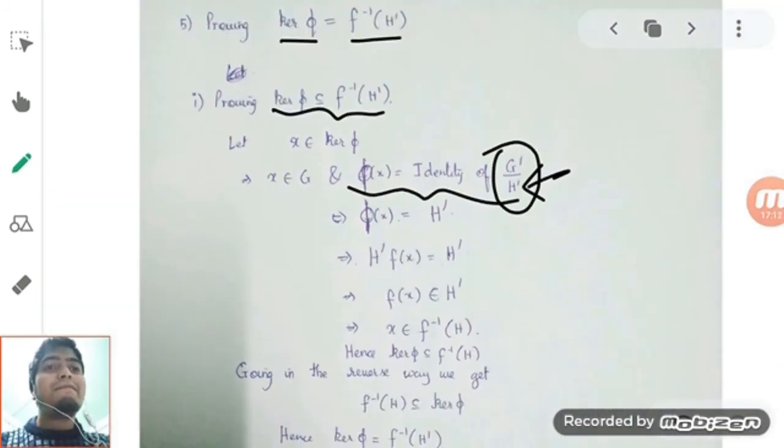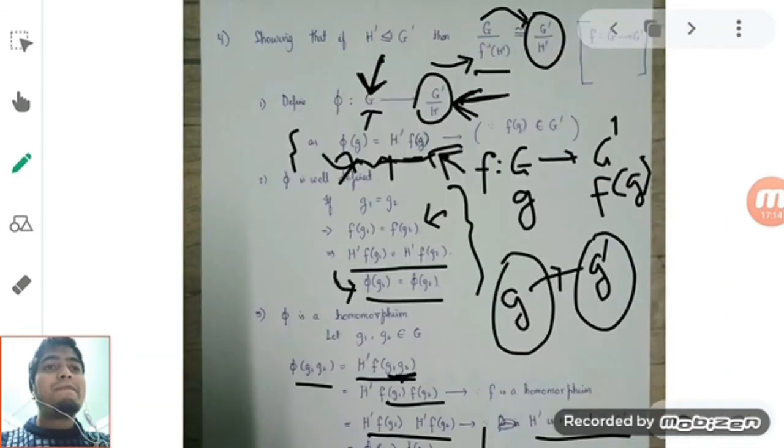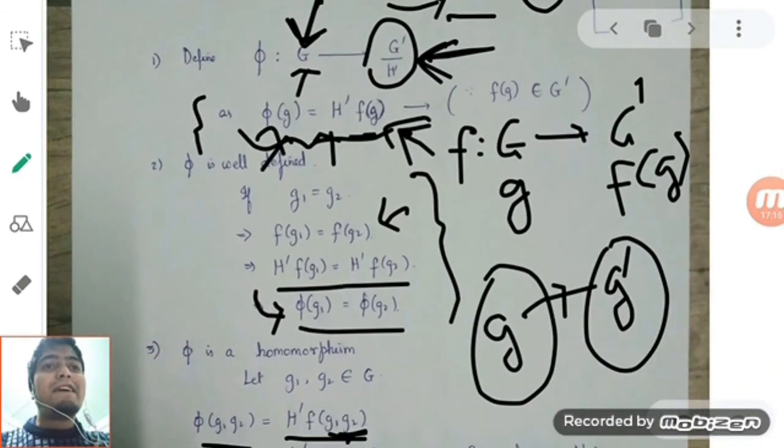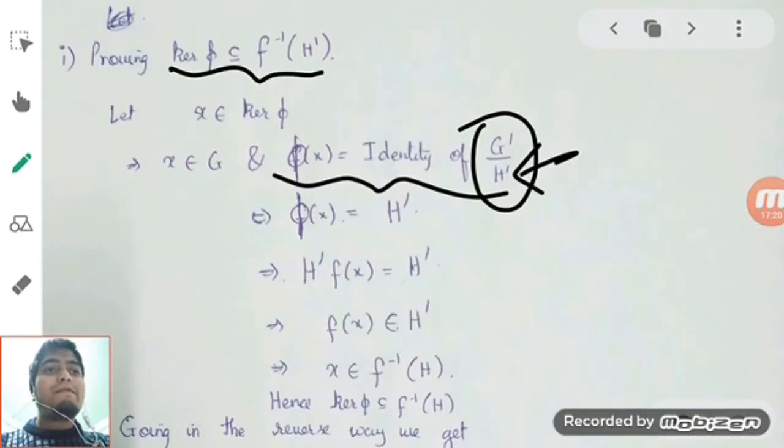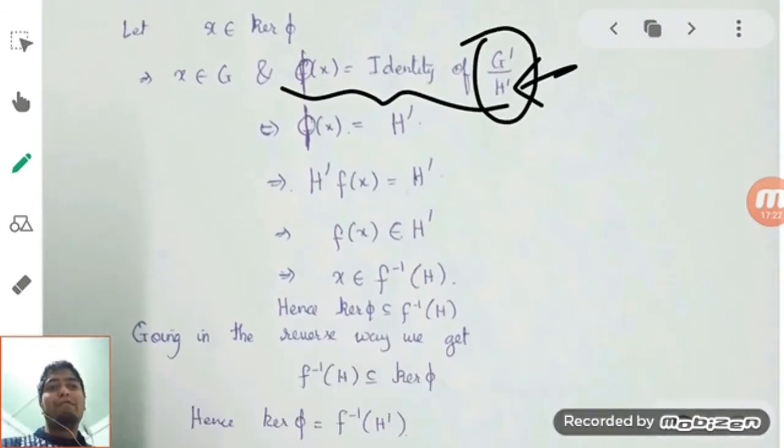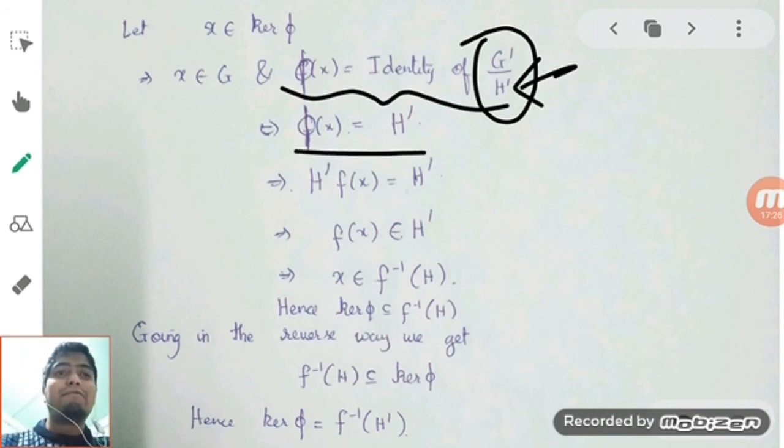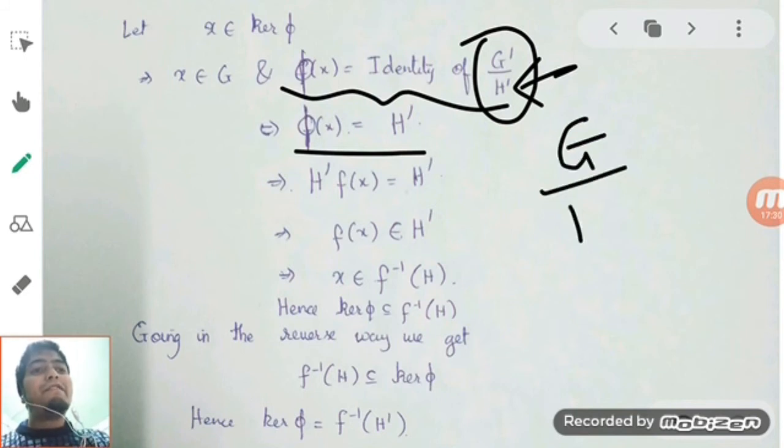The second set is G dash by H dash, as you can see here. So phi x will be equal to the identity of that. So that's why we will have phi x equal to H dash, the identity of G by N. If you remember, what is the identity of G by N?